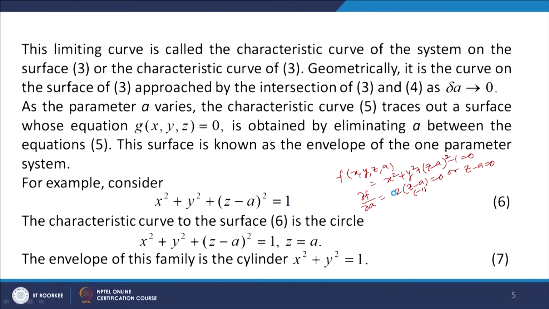So, what we have is z minus a. So, the curve of intersection, that is the characteristic curve, is x square plus y square plus z minus a whole square equal to 1 and z equal to a.